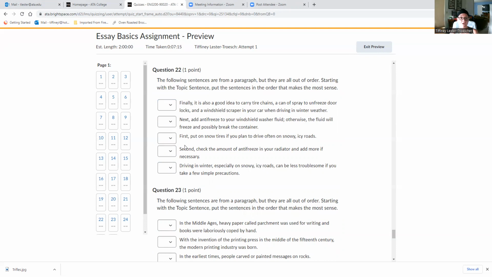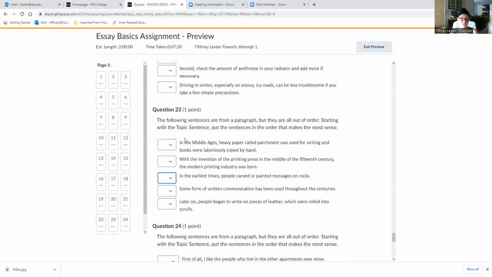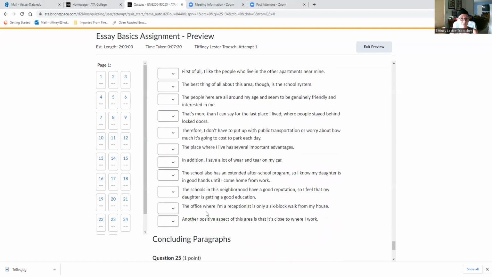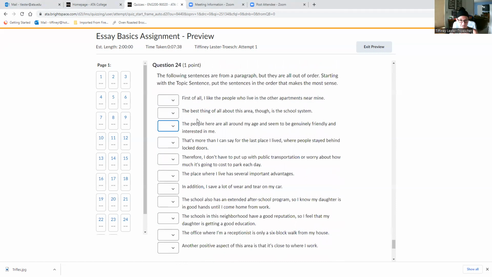And then you figure out the order of the rest, right? You'll do the same for question 23, 5 sentences, find the topic sentence and mark it as number 1, and then figure out the order of the rest. And question 24, same thing, except we've got more than 5 sentences. There are 11. So find the topic sentence, mark it as number 1, and then figure out the order of 2 through 11.